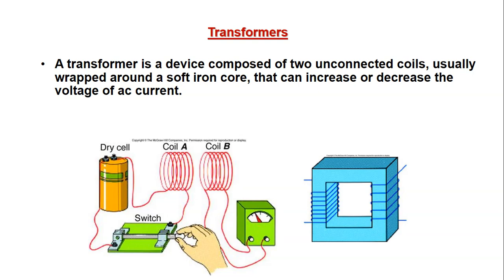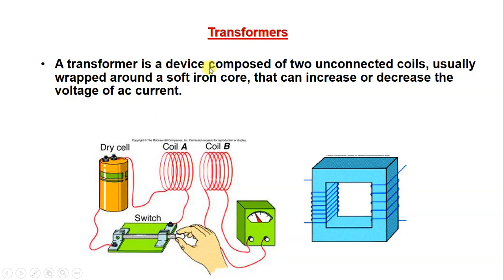You give some input voltage to a transformer, and this transformer will take this voltage and transform it to either higher voltage or lower voltage. So we will talk about the working of this transformer and the description, the components of it.